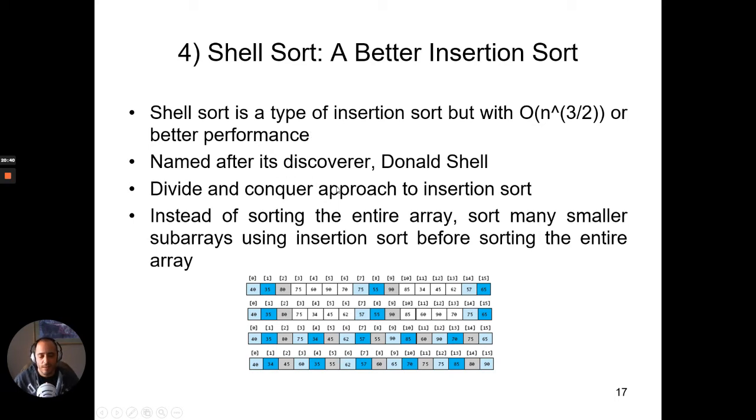What that means is that instead of trying to sort the entire array, what if we tried to sort smaller arrays instead? Instead of having to worry about inserting a card into the whole thing, what if we just divide it in two, let's say, and insertion sort this, and then insertion sort this, and then take those two lists and merge them together. If you do something like that, it does, in fact, assist in the performance.